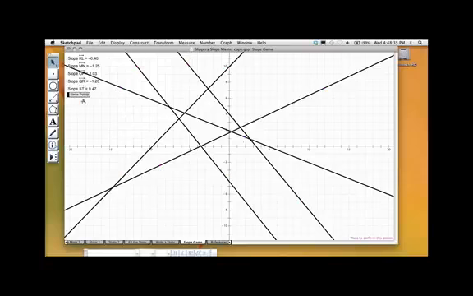Okay, now with those points hidden, I really don't know which line is which. So at this point, I would hand my sketch over to a partner and say, okay, match them up. Drag each label to the line that has that slope.